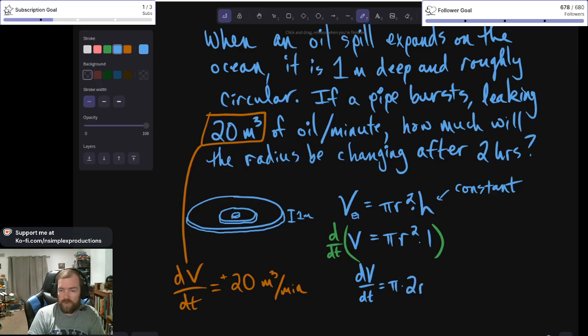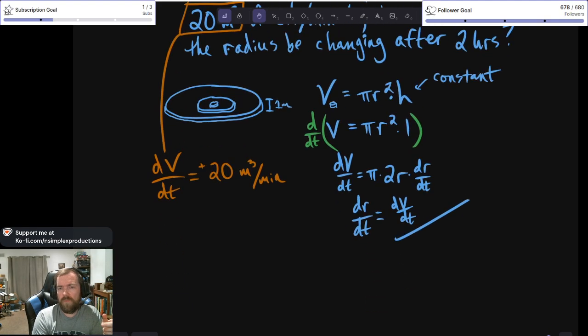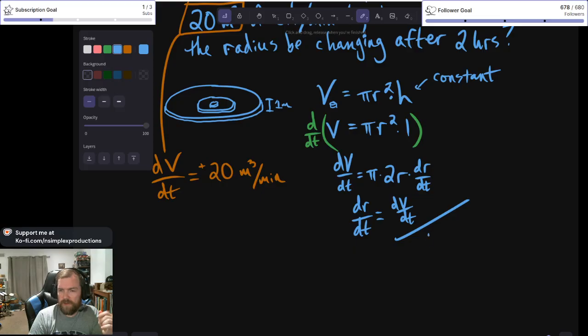So that's going to be 2r times the derivative of r with respect to t, dr/dt. dr/dt is the thing we want. So when we get dr/dt, it's going to be equal to dV/dt divided by pi r squared.